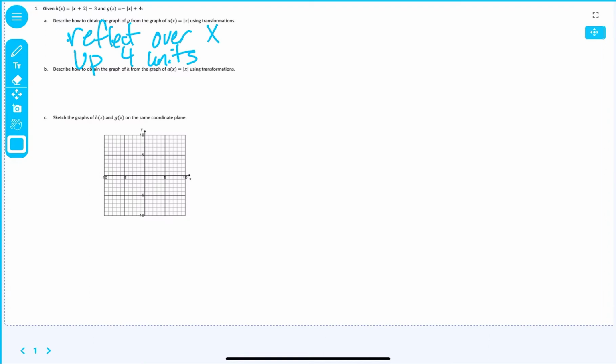Right. So we would go to the left 2 units, and then down 3 units.